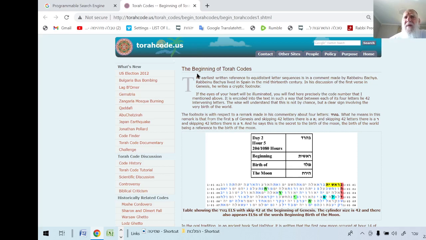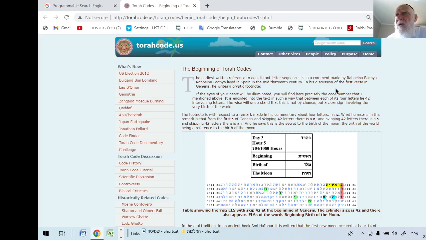So what you see here is the beginning of Torah codes. The earliest written reference to equivalent letter sequences is in a comment made by Rabbeinu Bachye, who lived in Spain in the mid-13th century.